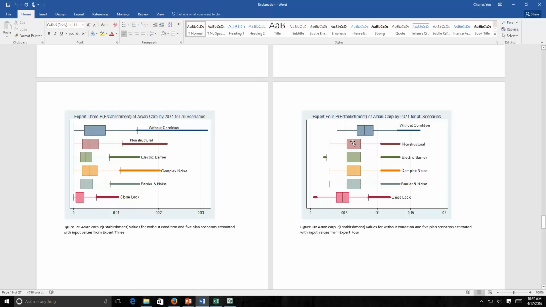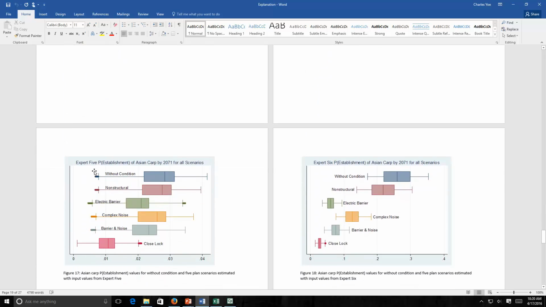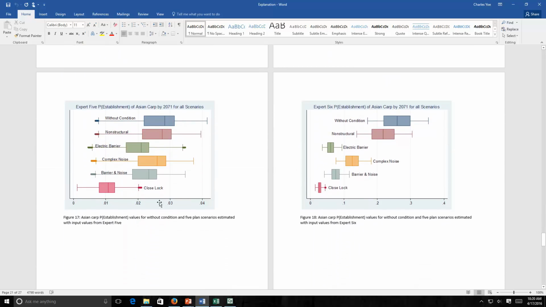You'll also notice here that this person doesn't feel like there is much to distinguish the plans, that they're not going to be terribly effective, or they're not going to be noticeable differences in their effectiveness. We get a similar view over here. Here we have 0 to 4%. We have the same order of effectiveness of the plans that we saw before, and we have the same order of effectiveness of plans here.